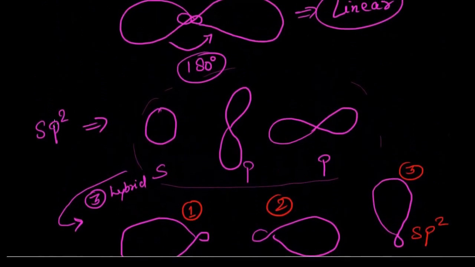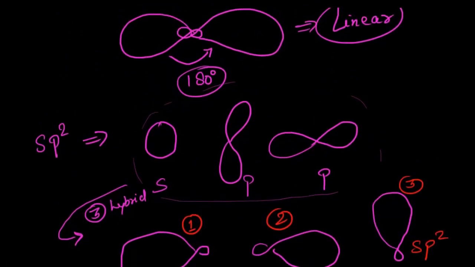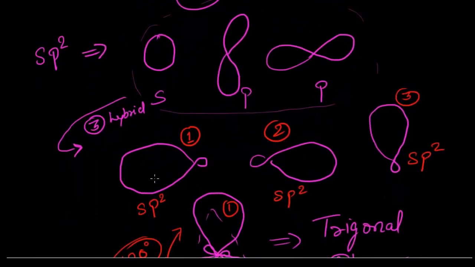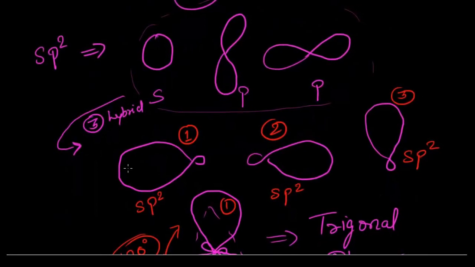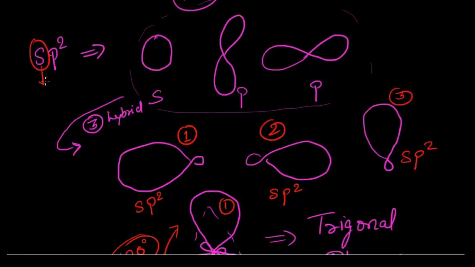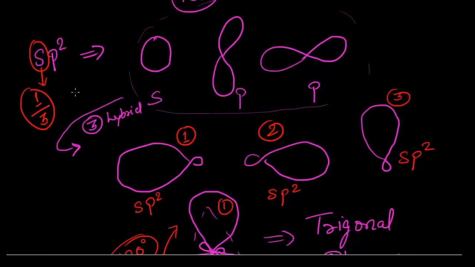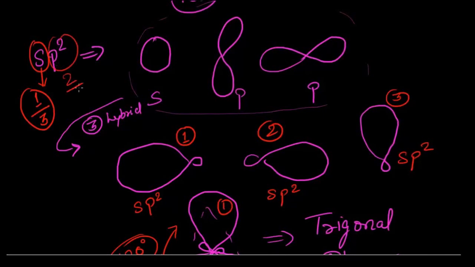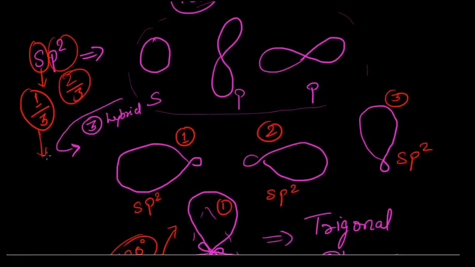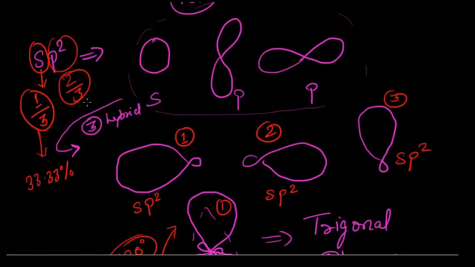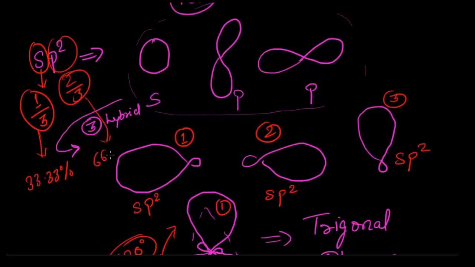Now if we need to know the s and p character, each hybrid orbital will have some s and p character. The s character will be 1 by 3, because there is only one s orbital and the total number of orbitals is 3, and for p it will be 2 by 3. So this will be 33.33% and this will be 66.66%.